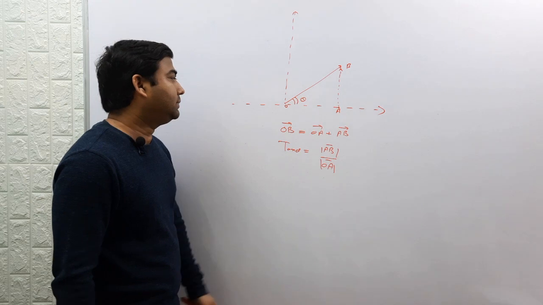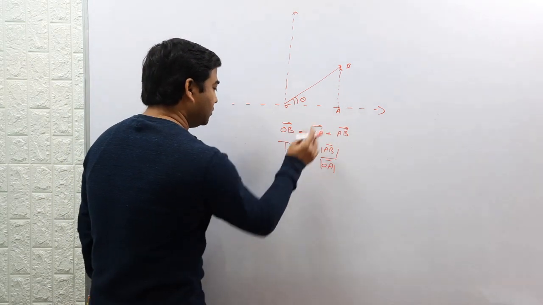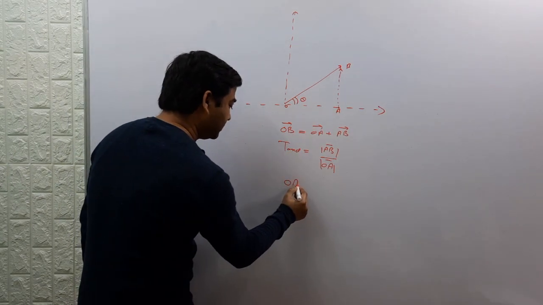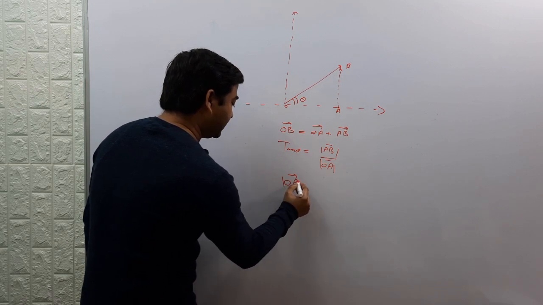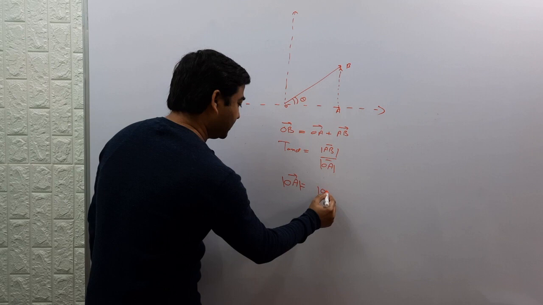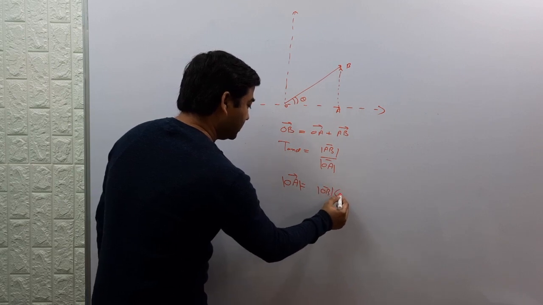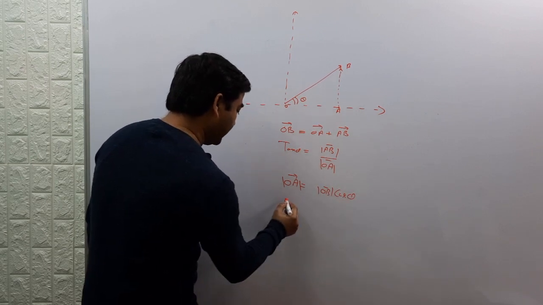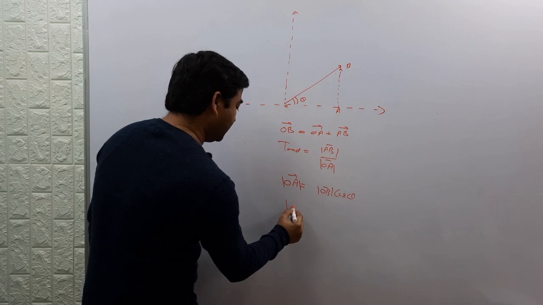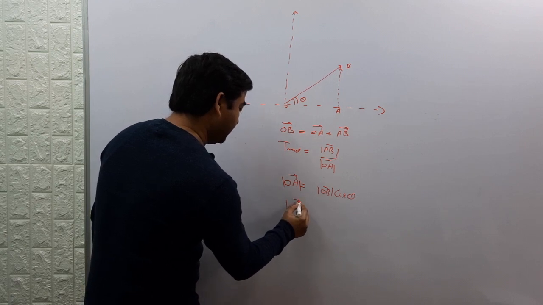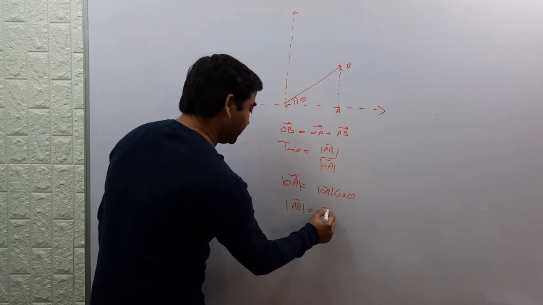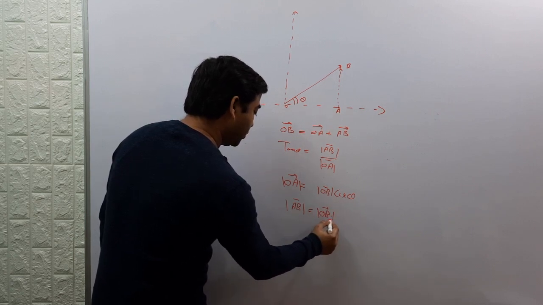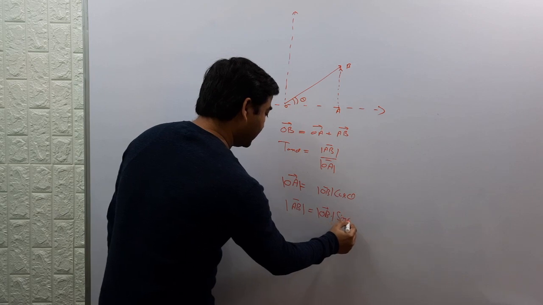So in this direction, mod of vector OA is equal to mod of vector OB cos theta, and mod of another component AB is equal to mod of original vector into sin theta.